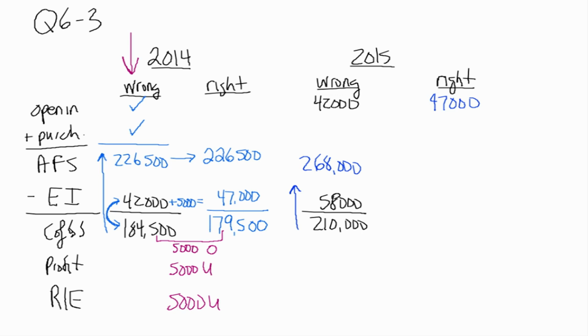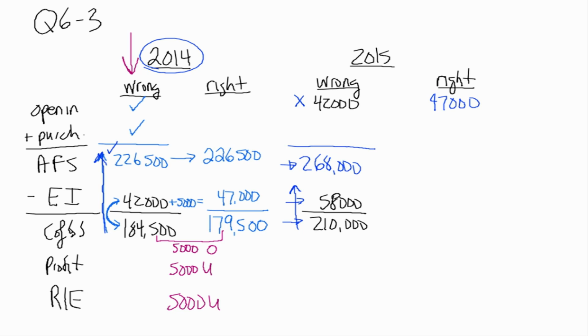Not because of ending inventory, no, no, no. Lauren, it's not because of that. Because remember when we were working on 2014 and we worked backwards and we said this number was right. So it's not the misstatement of this number or this number that has caused this number to be wrong. This number is wrong because opening inventory is wrong. I'm hoping I'm making that clear, right? If opening inventory was correct and purchases were correct, then the available for sale would be correct. It's only wrong because the opening inventory is wrong.